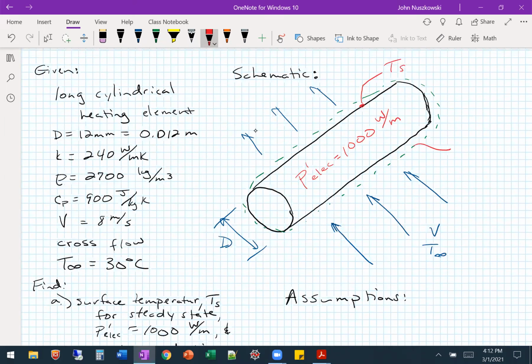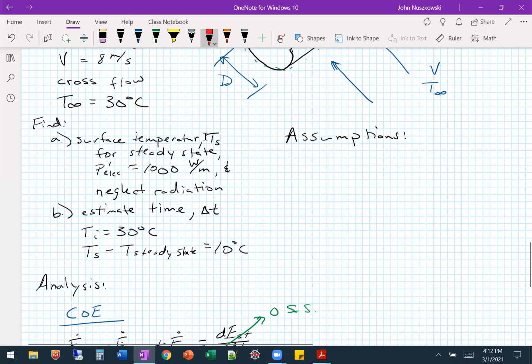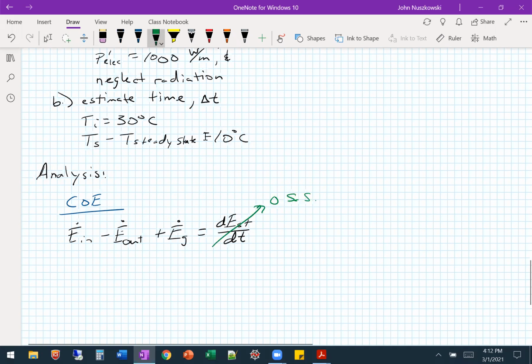So we have convection, which means we have no energy in. We'll do it per unit length.